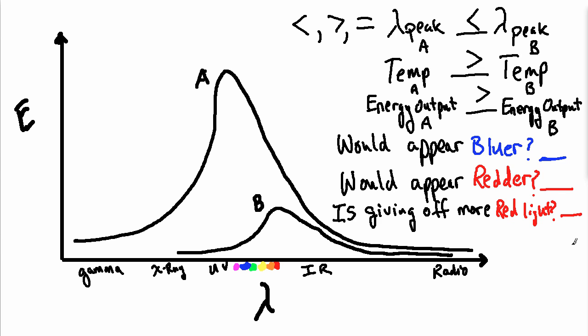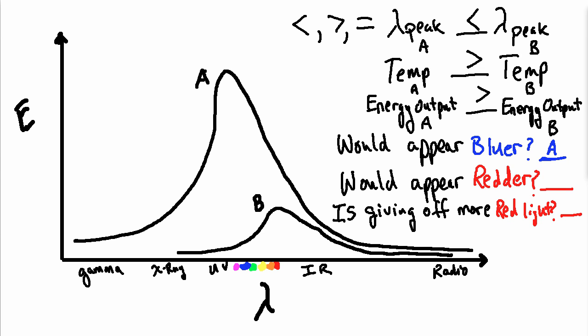In terms of color, remember that the idea is that you look at a light curve, we'll look at A first, and note where it gives off most of its visible light. Curve A is tallest and giving off most of its energy at the blue end of the spectrum, so we would say that object A is bluer.